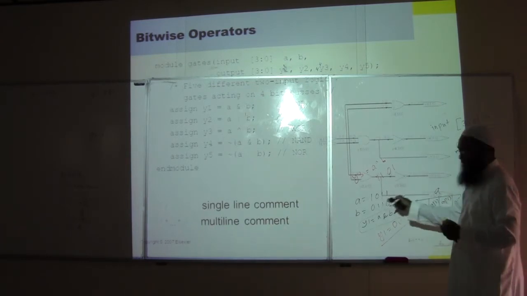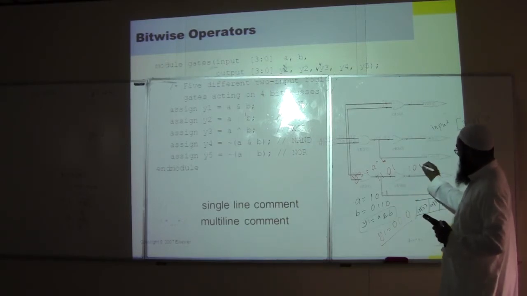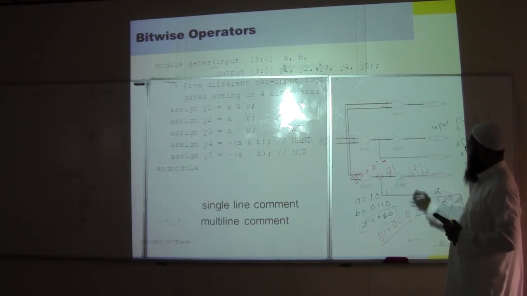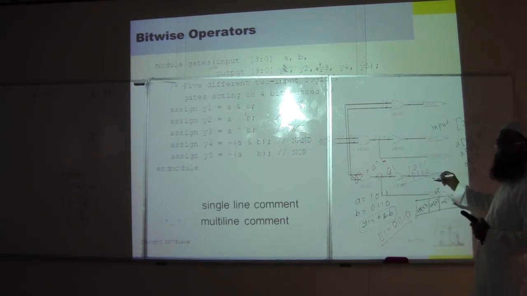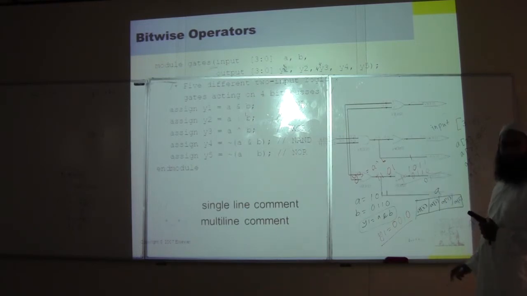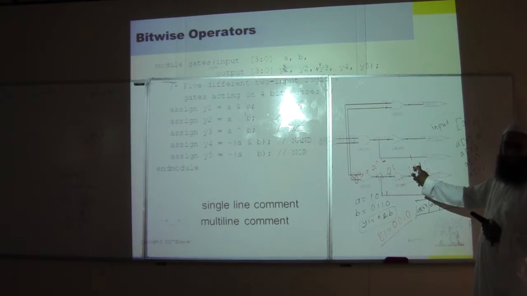If you want to add these two numbers, say 1 0 1 1 plus 0 1 1 0, 1 plus 0 is 1, 1 plus 1 we have 0 with a carry 1, right? So that means it is not bitwise. These 2 bits will give an extra bit here.